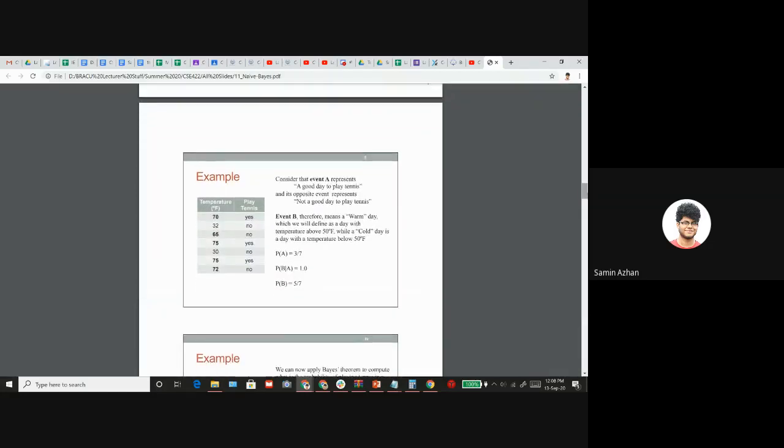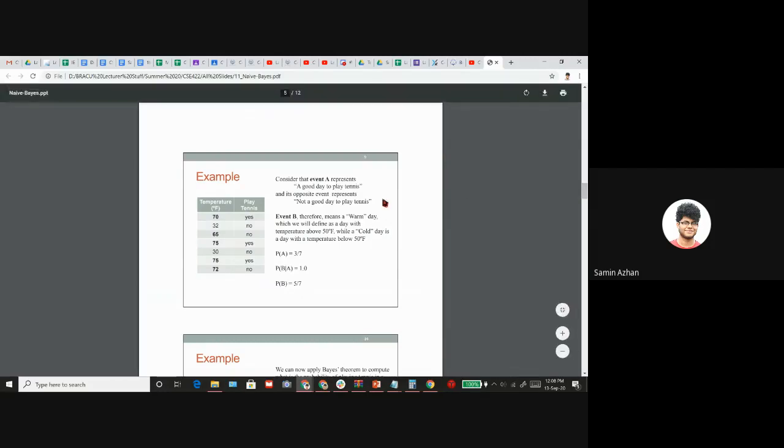Now let's look at an example of how we can use the naive Bayes classifier. Let's say this is our training data set. It has two attributes. Consider the event A represents a good day to play tennis, and its opposite event represents not a good day to play.